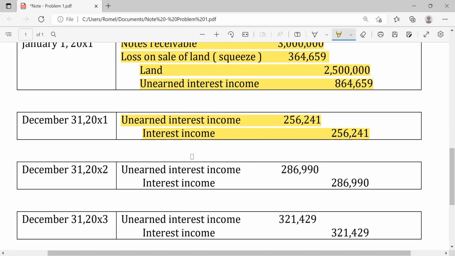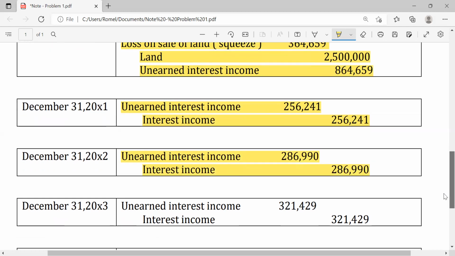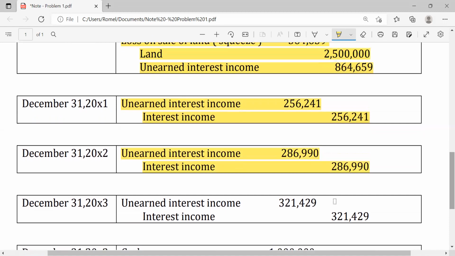And then, for December 31, 20X2, the same. Nag-debit din tayo ng unearned interest income at nag-credit tayo ng interest income. Kasi by 20X2, you earned interest. And then, for 20X3, the same lang.